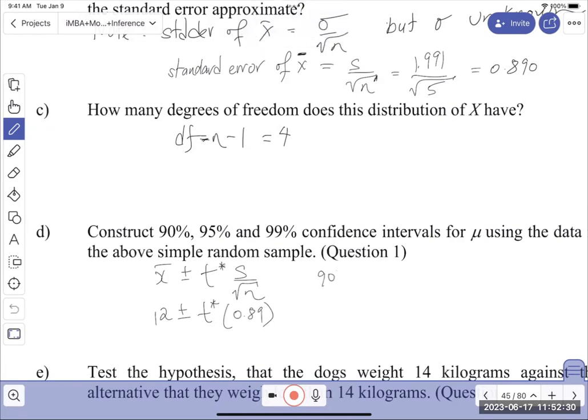And for 90%, t star is equal to what? 95% t star is equal to what? And 99% t star is equal to what?